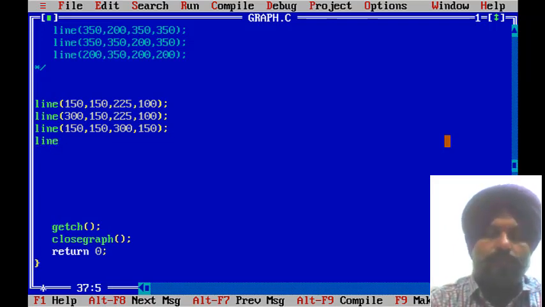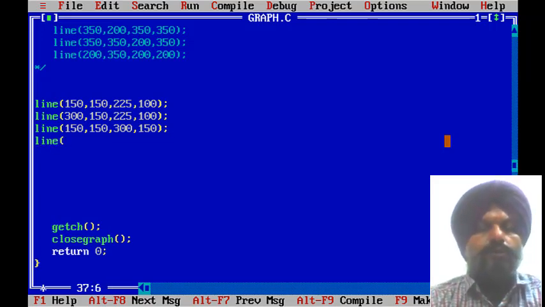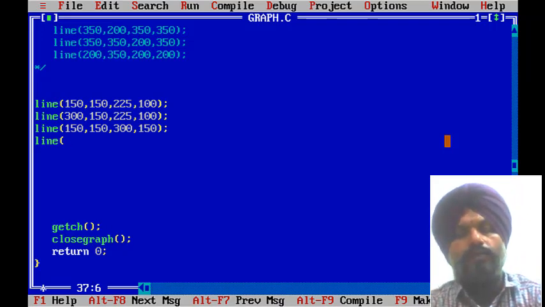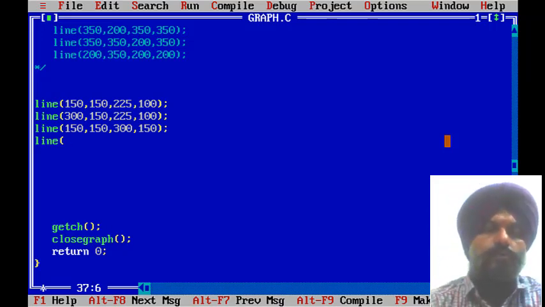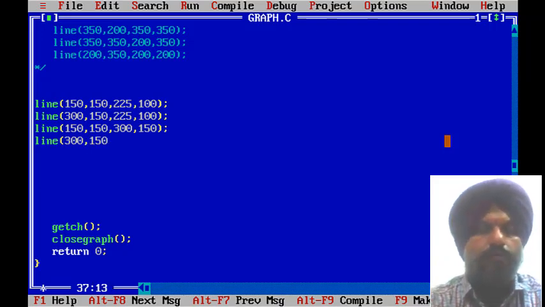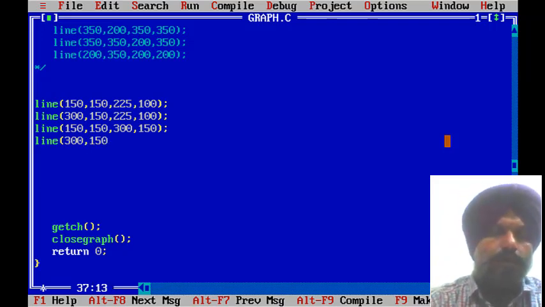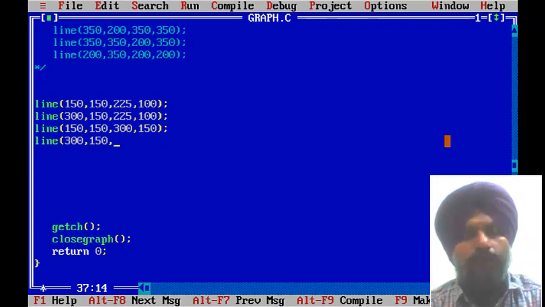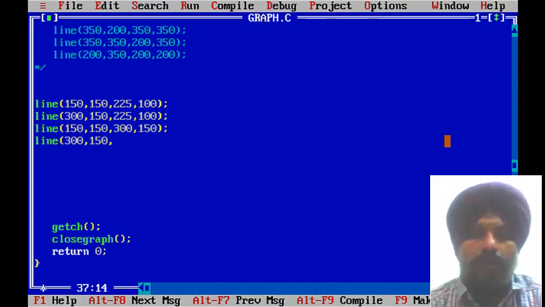So we have to draw the second line, that is the right side of the square. The end point of the first line becomes the starting point of this. Now we have to draw this square in the y-axis in increasing order.